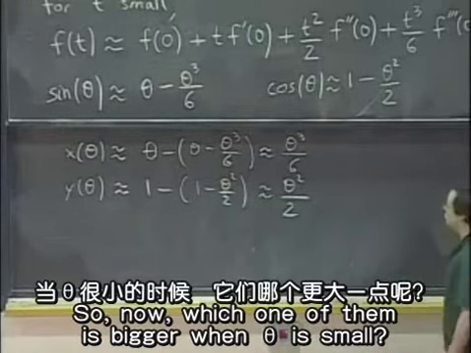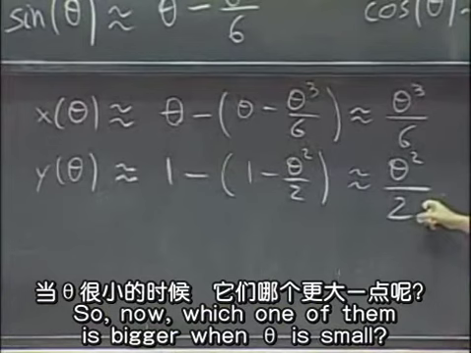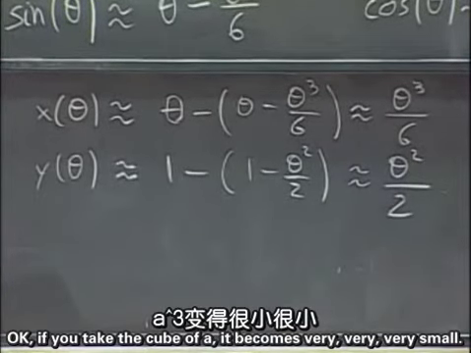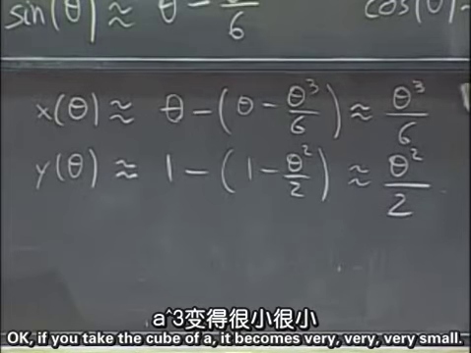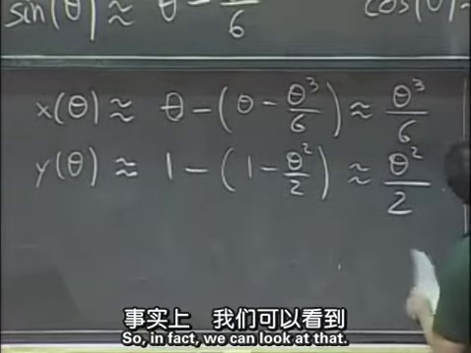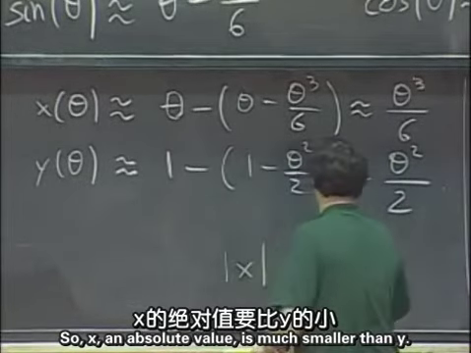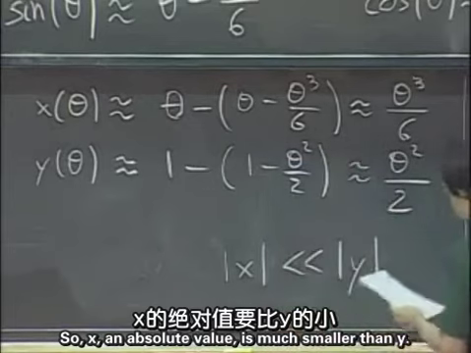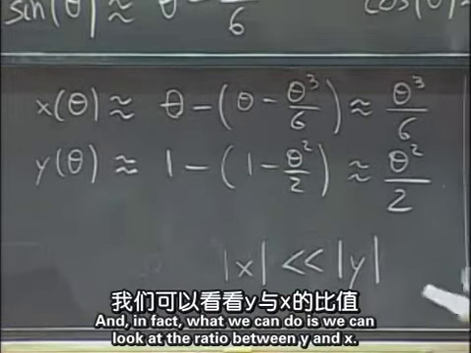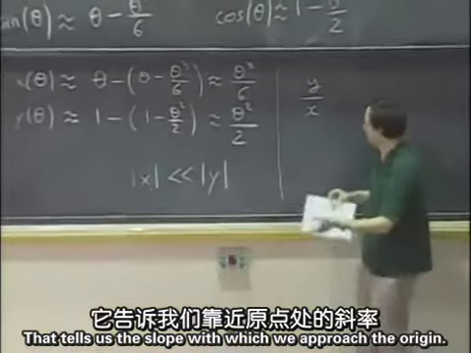So now which one of them is bigger when theta is small? Yeah, y is much larger. If you take the cube of a very small number, it becomes very, very small. So in fact, x in absolute value is much smaller than y. And what we can do is look at the ratio between y and x, which tells us the slope with which we approach the origin.